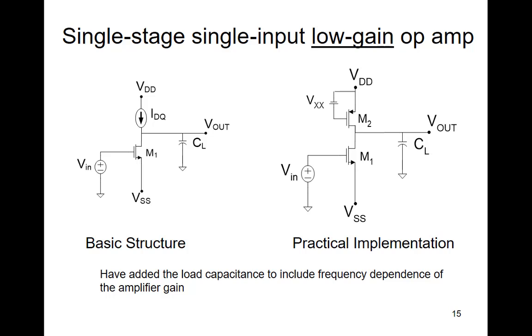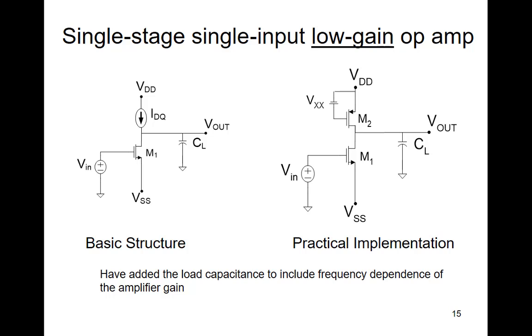So let's look at this circuit here. We have a special name for this circuit on the left. What's the circuit on the left called? Common what? Common source amplifier.